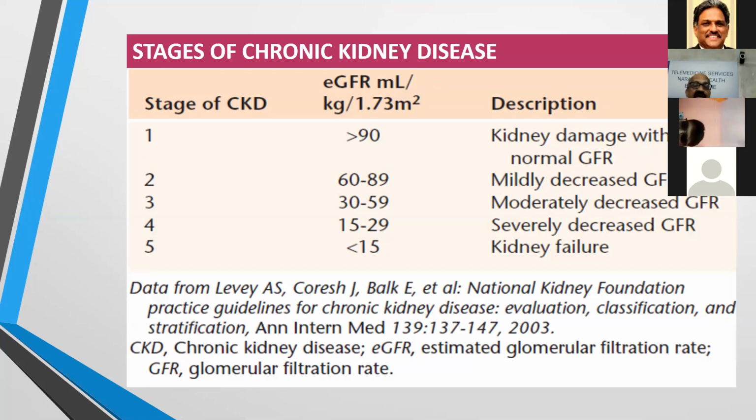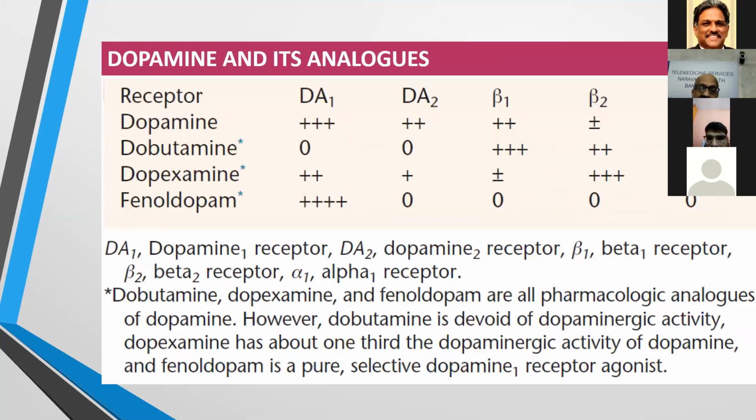If the EGFR is 90 or more, it is stage 1, 60 to 89 is stage 2, 30 to 59 is stage 3, 15 to 29 is stage 4, and less than 15 is kidney failure needing supportive therapy in the form of dialysis or kidney transplantation.